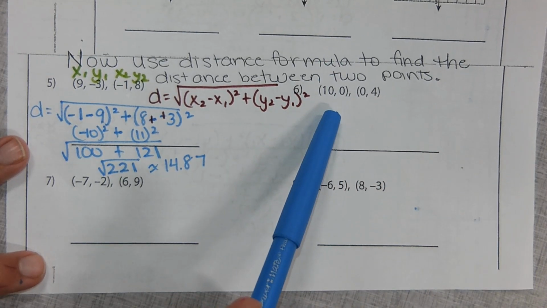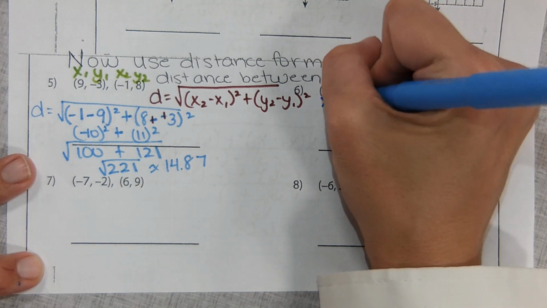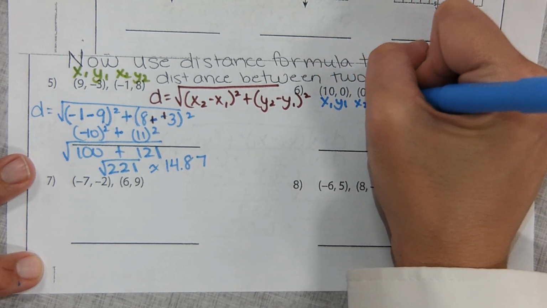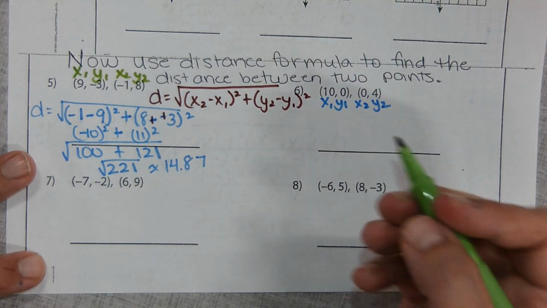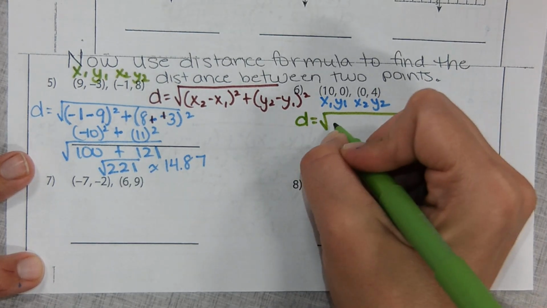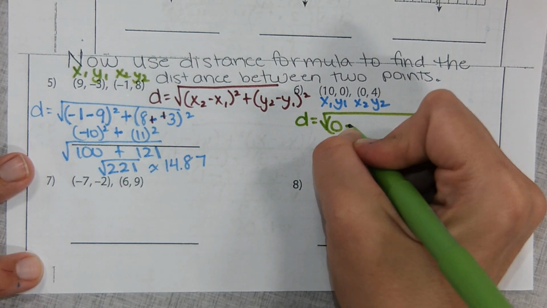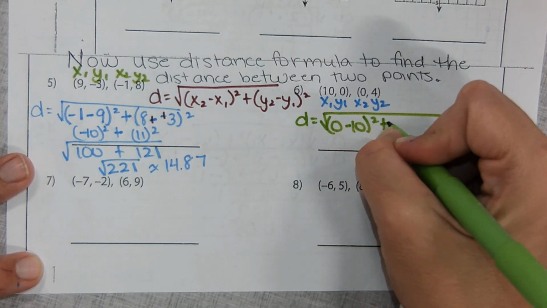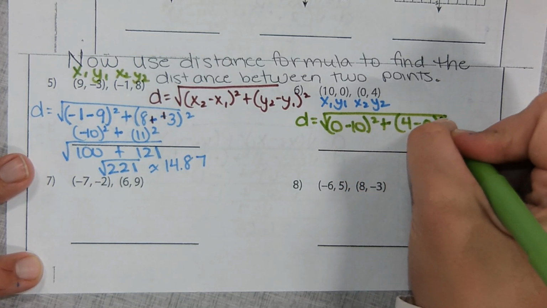Okay, next one here. x1, y1, x2, y2. And then I'm going to plug the numbers into the equation. 0 minus 10 squared plus 4 minus 0 squared.